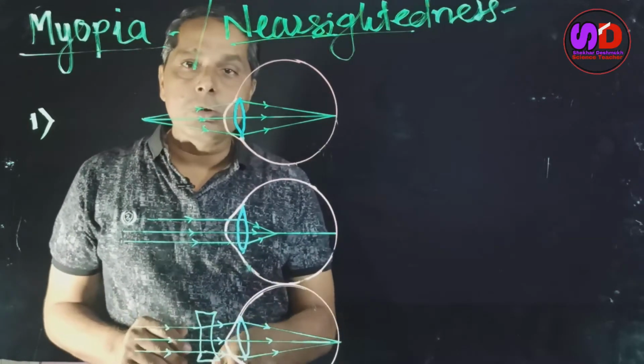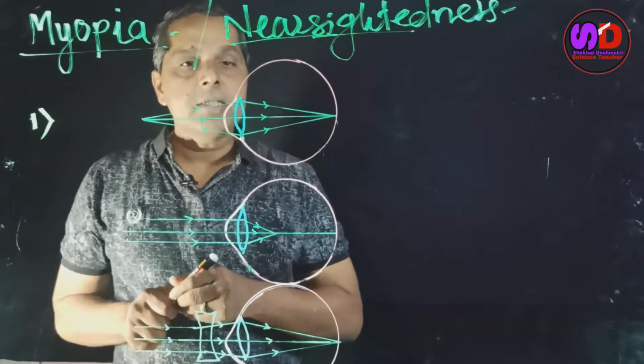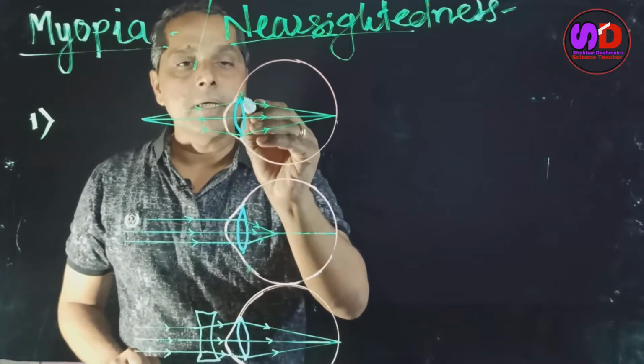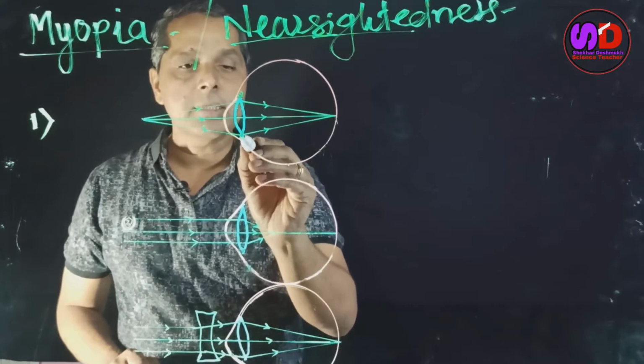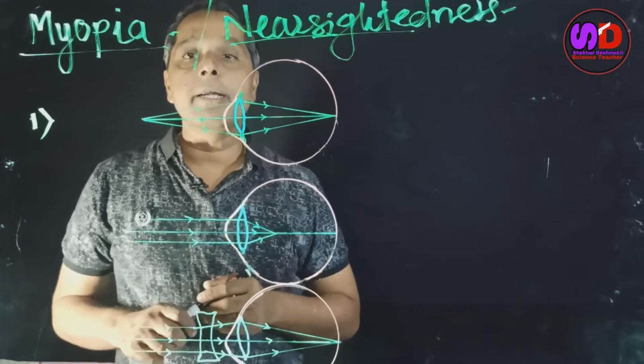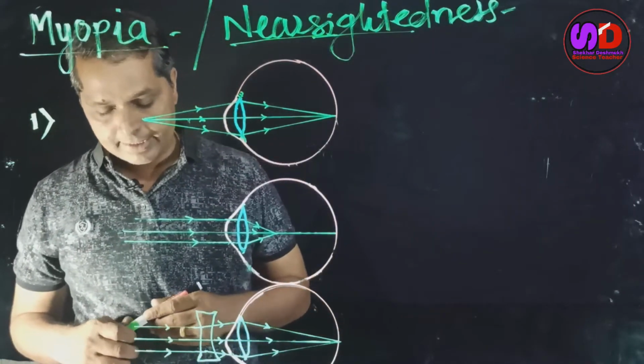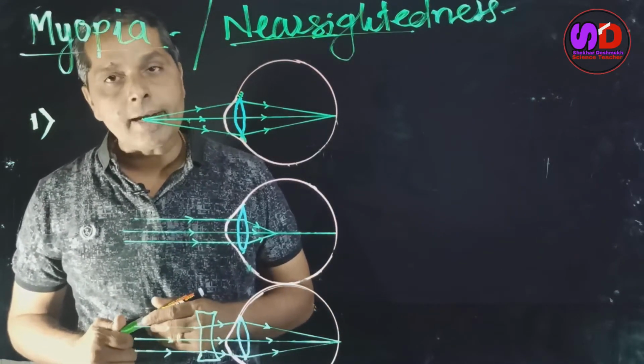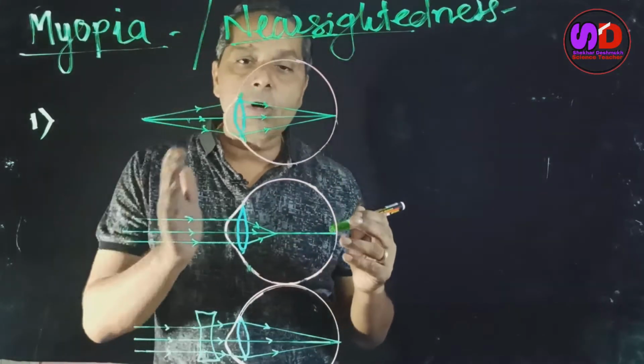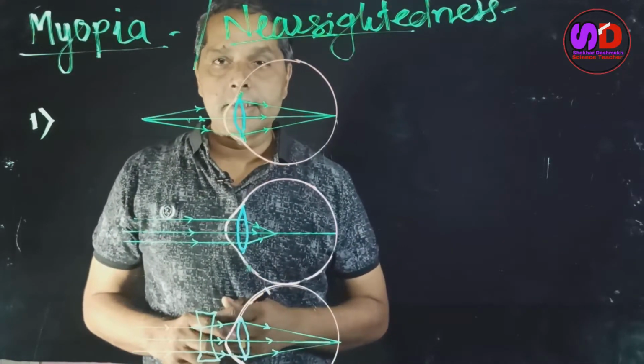It may be due to these muscles which are present here. These muscles cannot relax, and so the converging power of the lens increases.